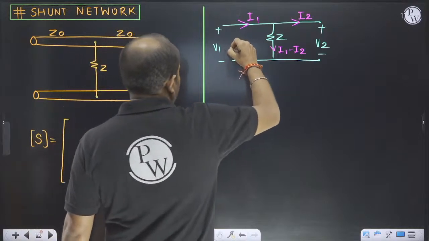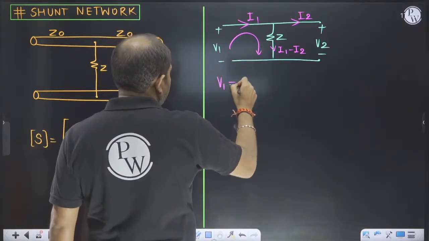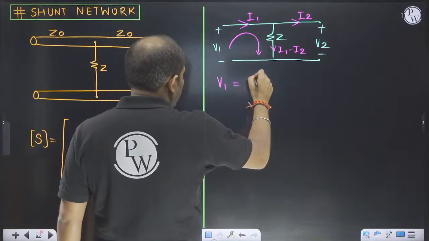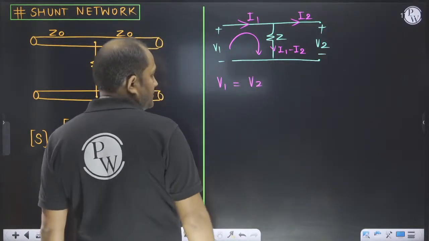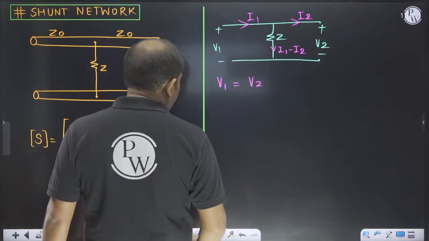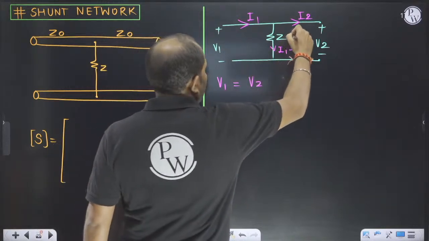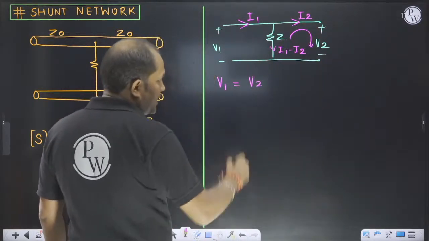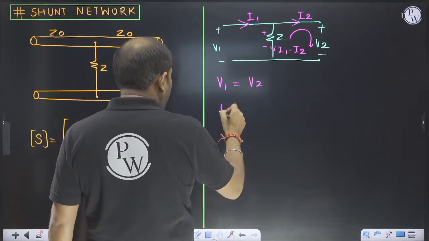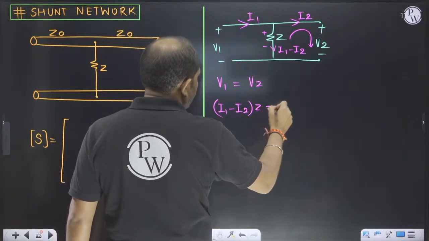Then apply KVL. First of all, you will get V1 is equal to V2, the parallel condition. Second, apply KVL in this network. So (I1 minus I2) into Z is equal to V2.